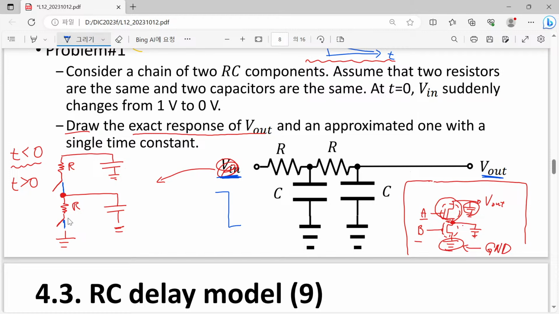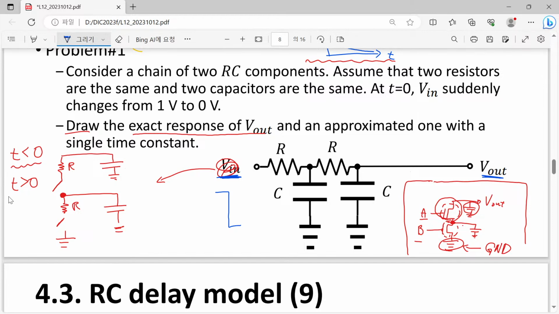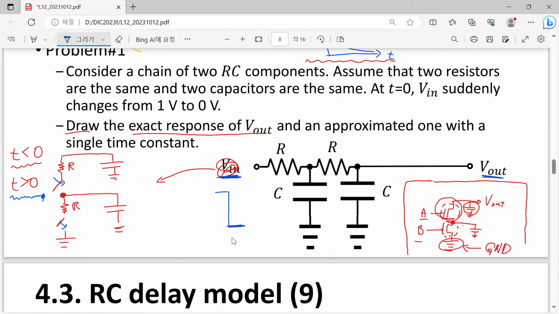Previously, since this network was disconnected, its value was biased to VDD, in this case 1 volt. Only after the switching occurs do we have the ability to discharge our voltage. This behavior is well described by this sudden change.